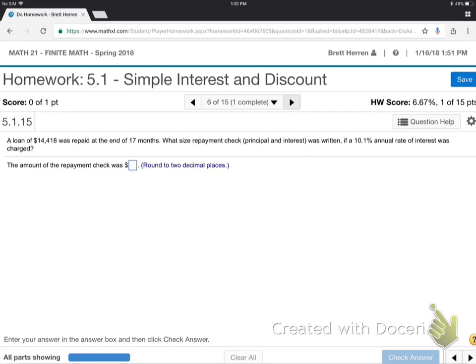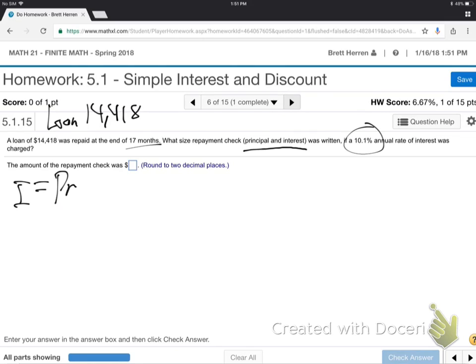Why don't you take a couple steps, see if you can get that one. So the loan is $14,418. 17 months is the time. 10.1% is the interest rate. And in the end, they want principal and interest. So figure out interest. Use the I equals PRT. That'll tell you the interest on the loan.